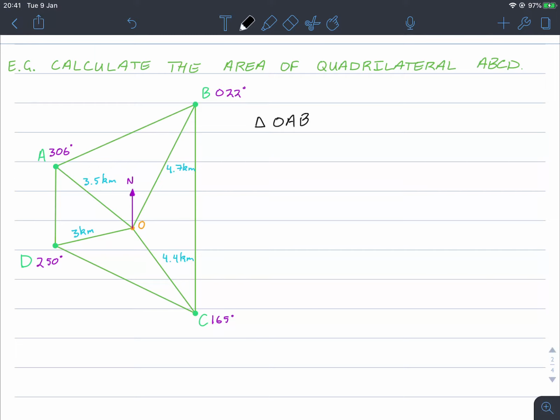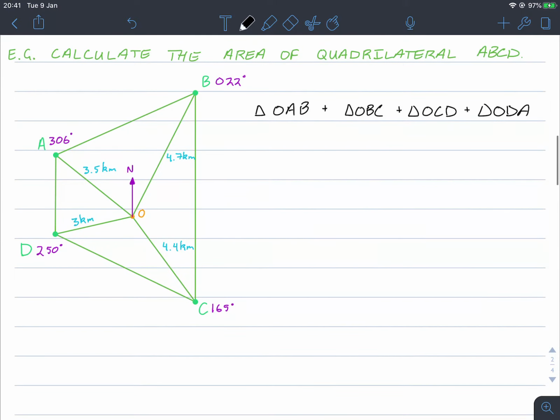That's one triangle. Plus the triangle OBC, this triangle here, and it's going to go on like this. The next triangles are triangle OCD plus triangle ODA.